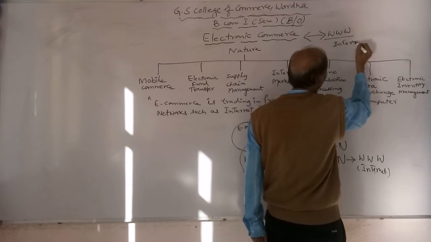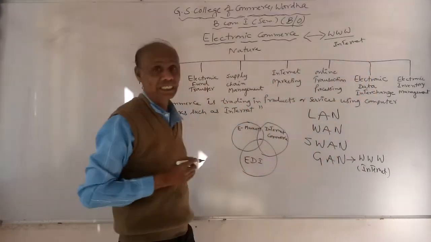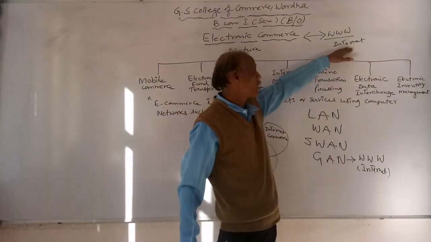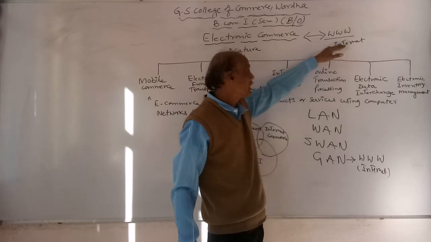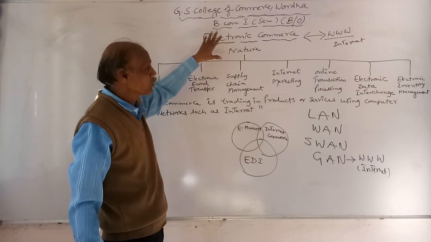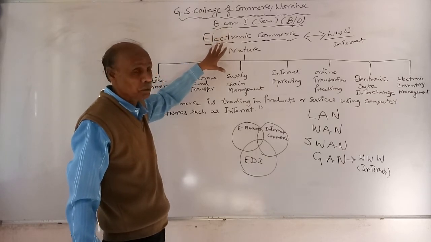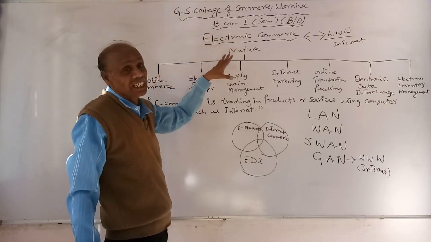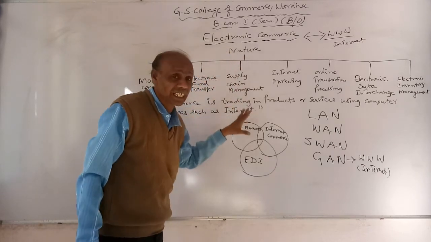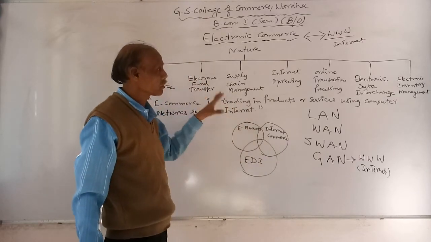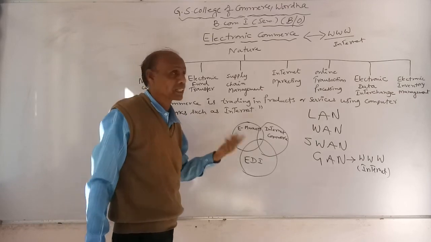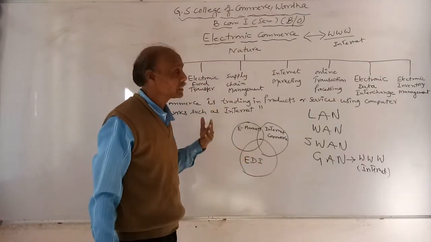So electronic commerce is a part of internet commerce, one of the main areas of internet commerce. That's why electronic commerce nowadays has become easier and highly dependent upon internet accessibility and internet-oriented commerce activities. Hence, electronic commerce is also called web-based marketing, web-based commerce.